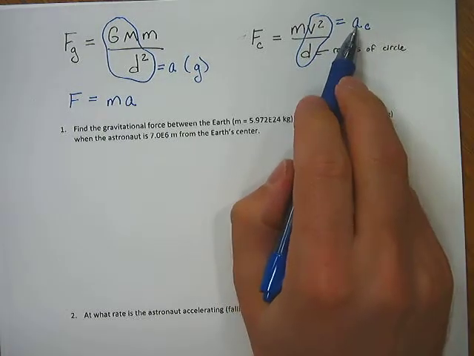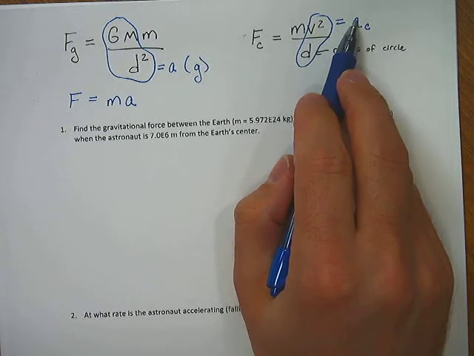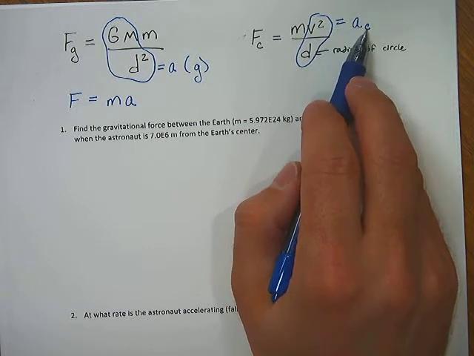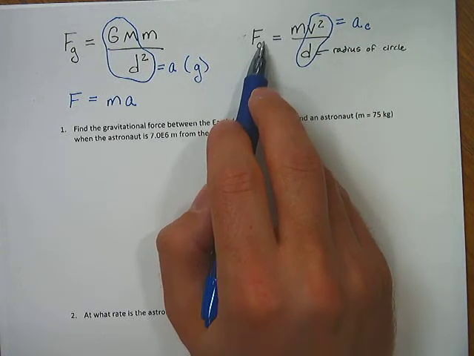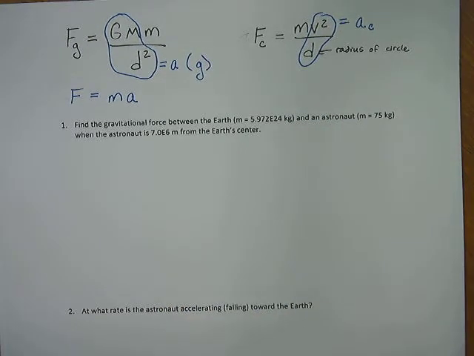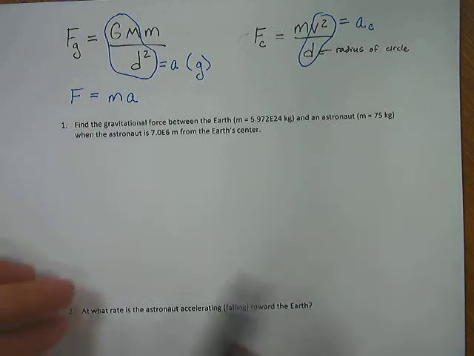And because this is for an object moving along a circular path, a lot of times people will put a c as a subscript on the a and say this is the centripetal acceleration. This acceleration is directed towards the center, just as the force is directed towards the center.